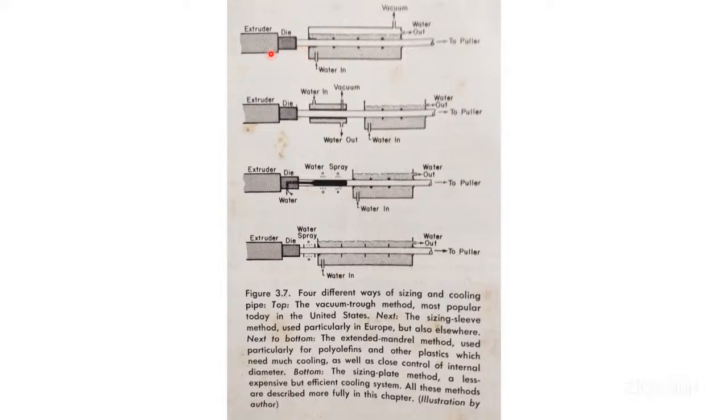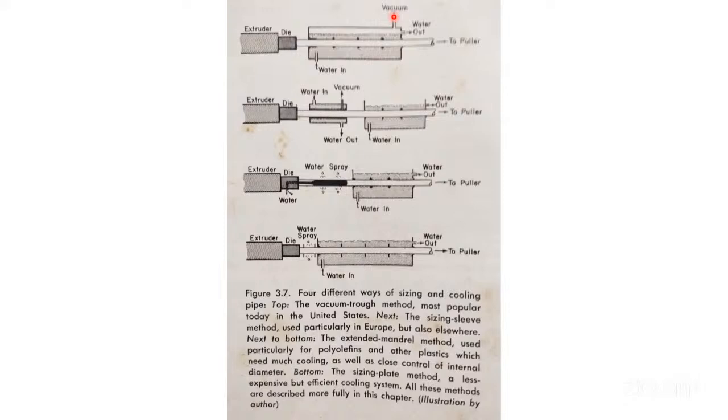See, it's a die, extruder, the pipe, this is a pipe here. This is a ring which will hold the pipe in the water. This is the water here. See the tank, the vacuum trap tank, it is not filled completely. It is 20% empty here. Why is it so? Because we have to apply vacuum here.